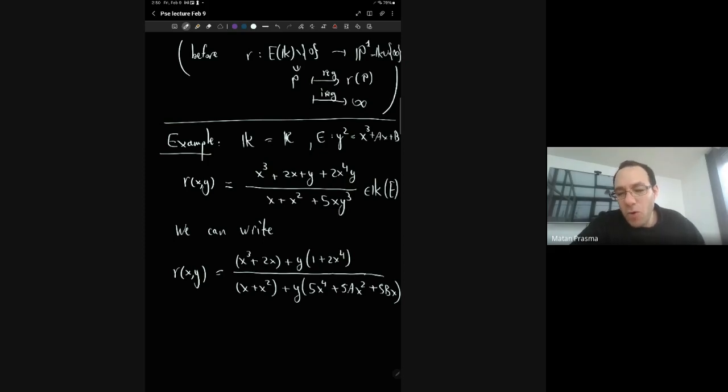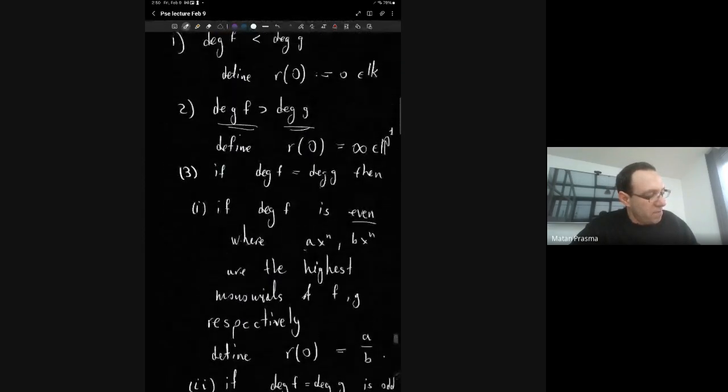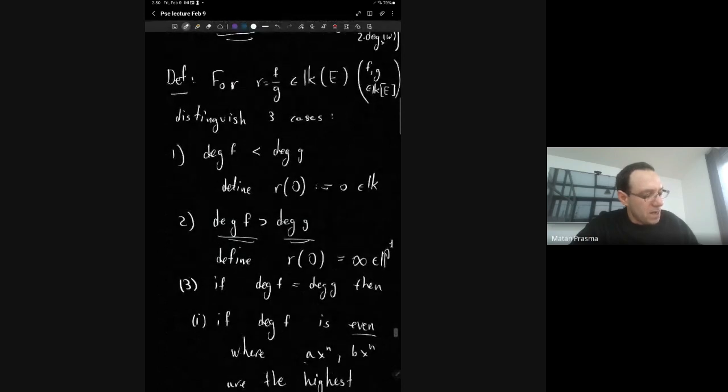Of course, we can always transform them into canonical form. But if you look at the definition that I gave, I didn't assume that R is given in canonical form. It was just any quotient. For this definition, it doesn't really matter. You simply look at the highest monomial, and that's the only thing you care about.